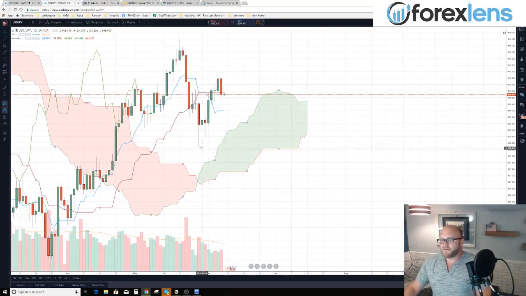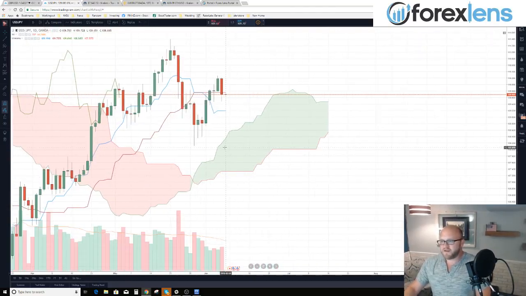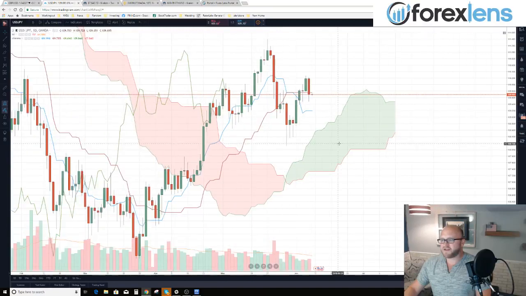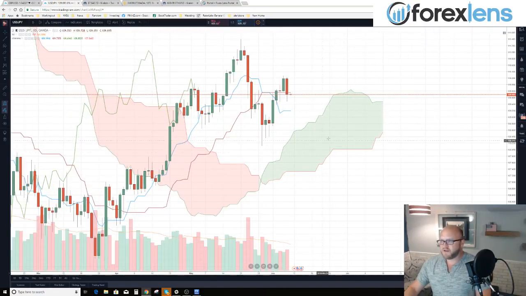So the components, again: we see the cloud, which is called the Kumo, or just the cloud, and the cloud is fairly easy to look at and understand how it forms as soon as we identify what these other lines are. We see these first two averages.